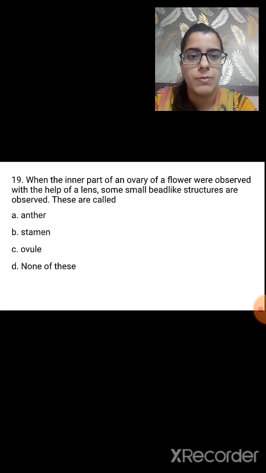So what are these small bead-like structures called? A, anther, B, stamen, C, ovule or D, none of these. So what are they called? It is option number C, ovule. The small bead-like structures are known as ovule.